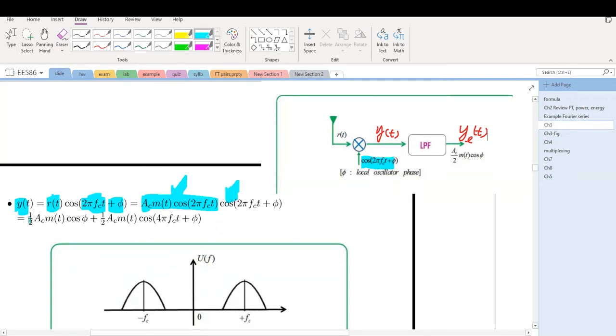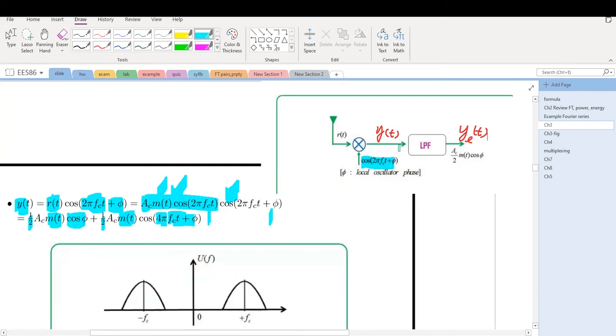So there's a half at the front. For the angle, take the difference first, so that's cosine phi. Then for the angle, take the sum, that's 4 pi fc t plus phi. And then m(t) is still here, and this term is still here. So this is the output of the multiplier.